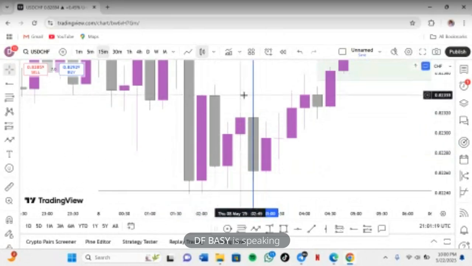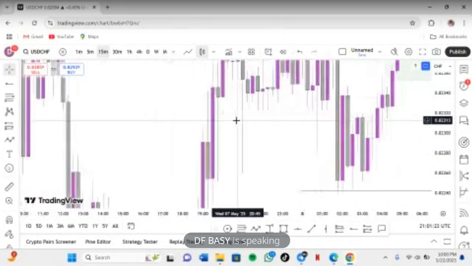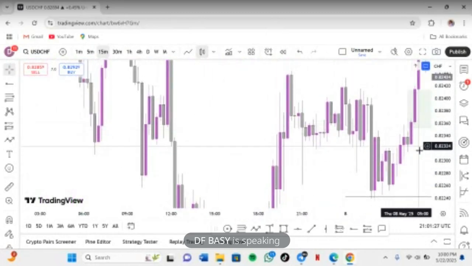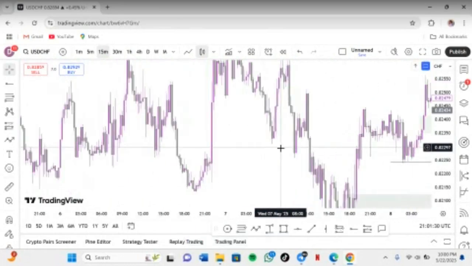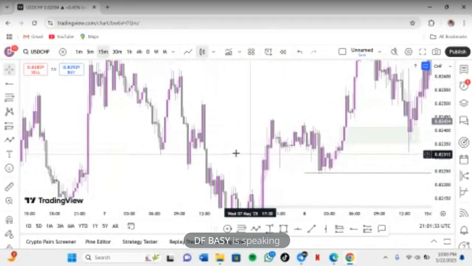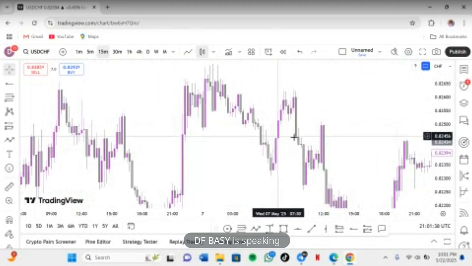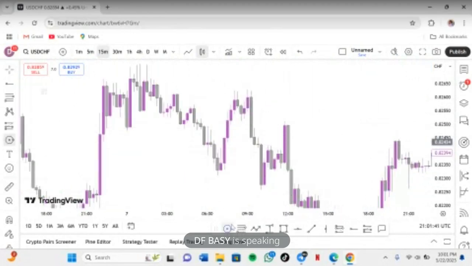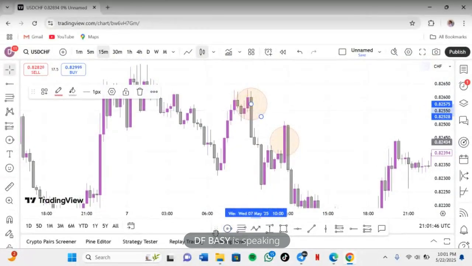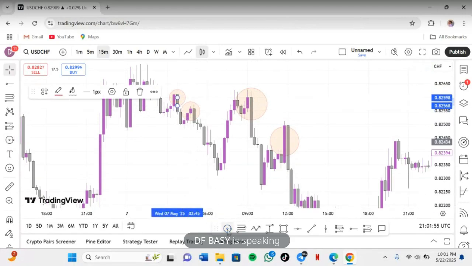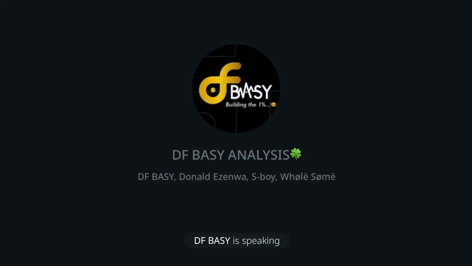Let me look for a bearish engulfing at a strategic point where you can see how the market respects the bearish engulfing. Okay, pick it from here. I've seen we have one bearish engulfing, two, three, four, five.